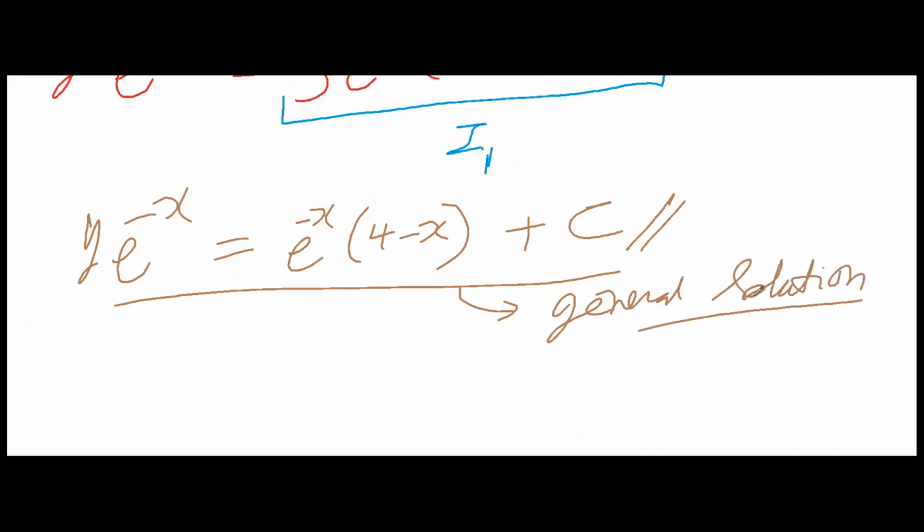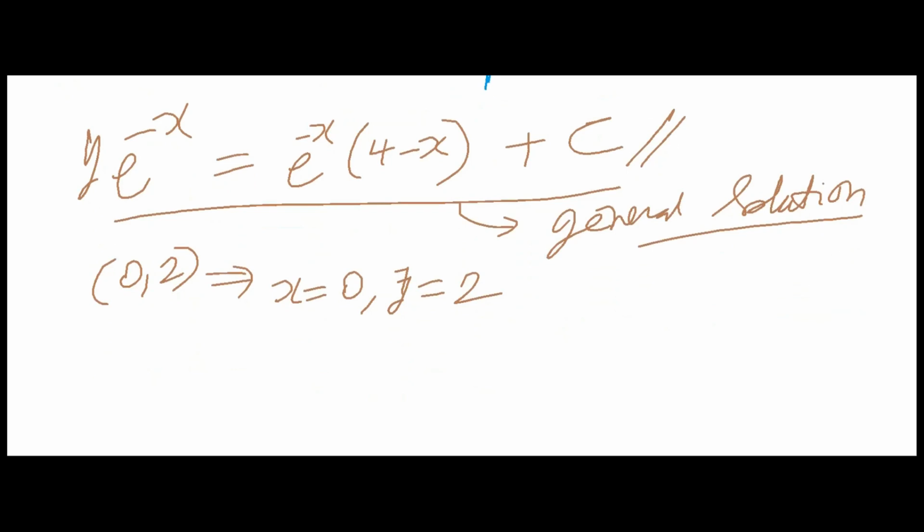But in the question they have said that it is passing through the point (0, 2). That means when the value of x is 0, the value of y will be 2. So I have to substitute the values of x and y over here.